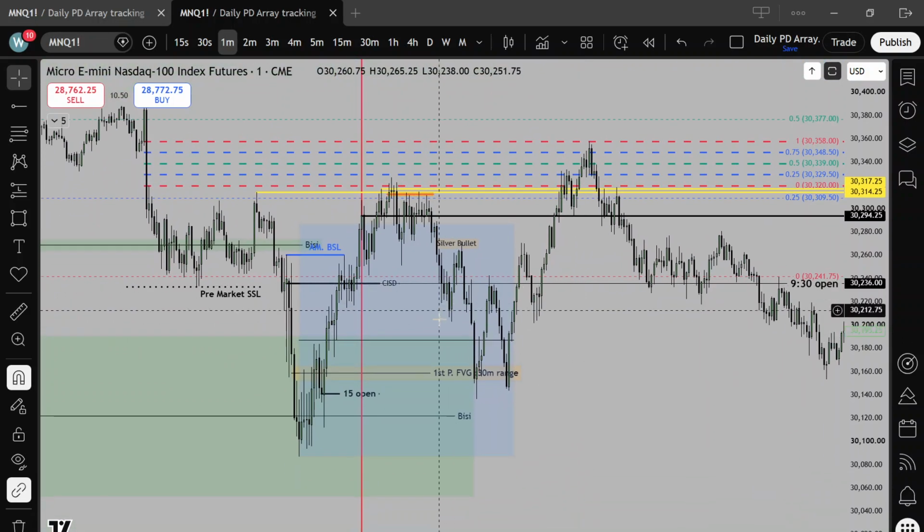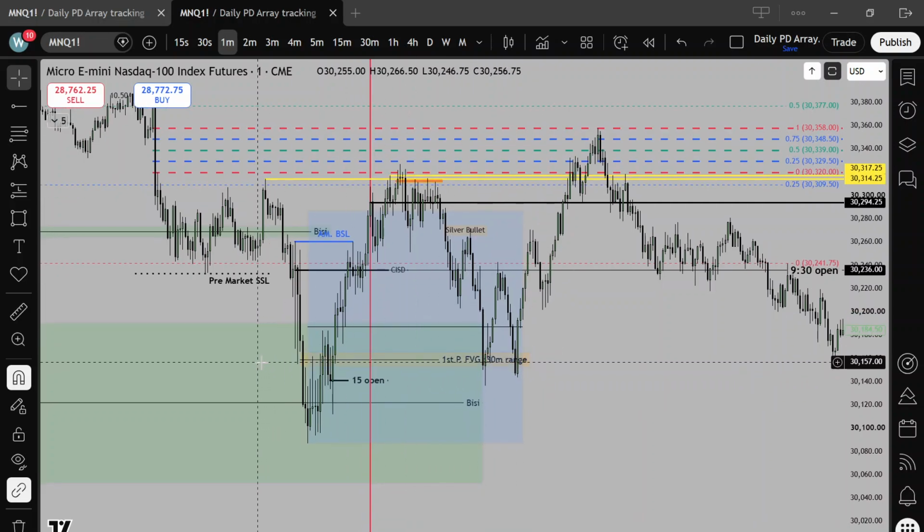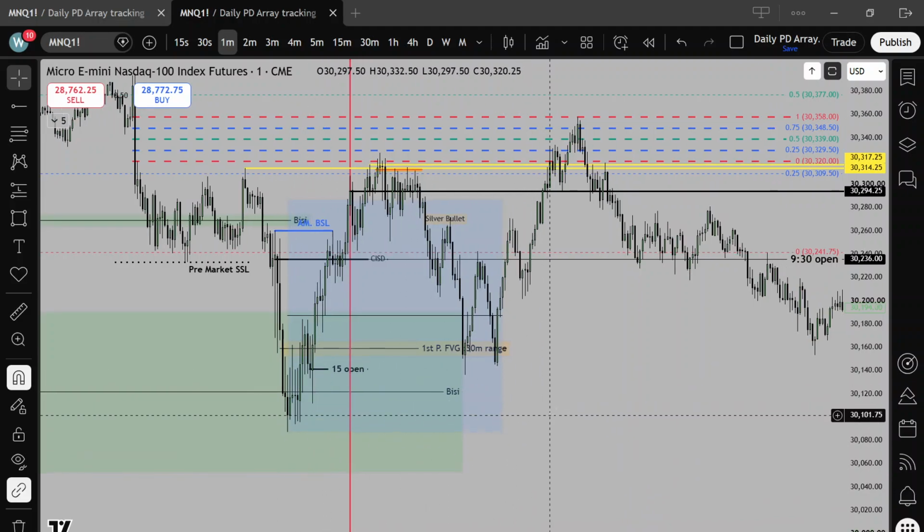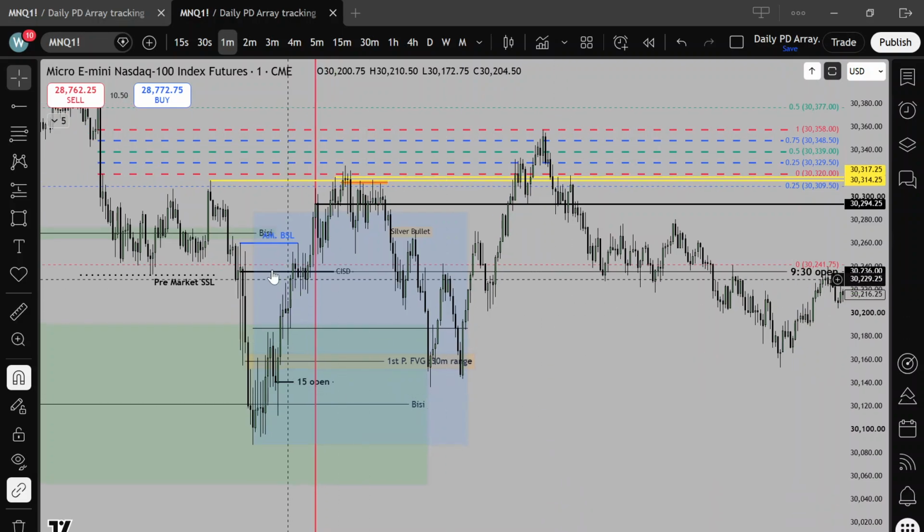So it trades back down into the first presented fair value gap, which is also going to be about the upper quadrant of this 15-minute BC that we looked at right here, that we failed to get any lower than consequent encroachment on the 1-minute chart in the opening. But now we have this range that we're working with.